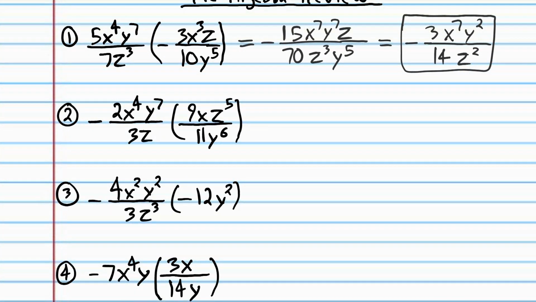Alright, we're back. So you should have negative 18 over 33, x to the 5th, and so on and so forth.